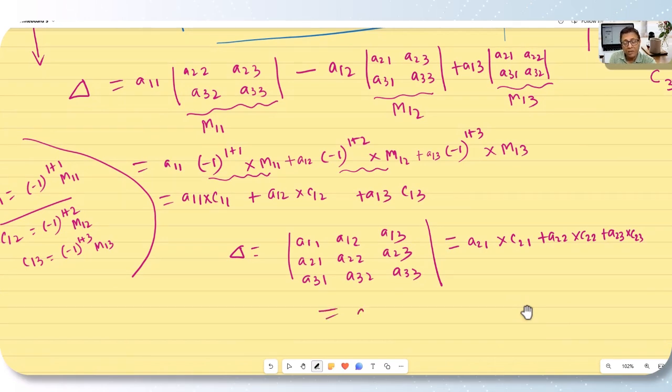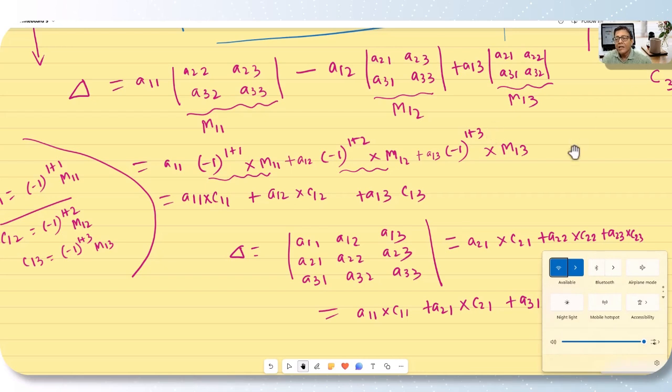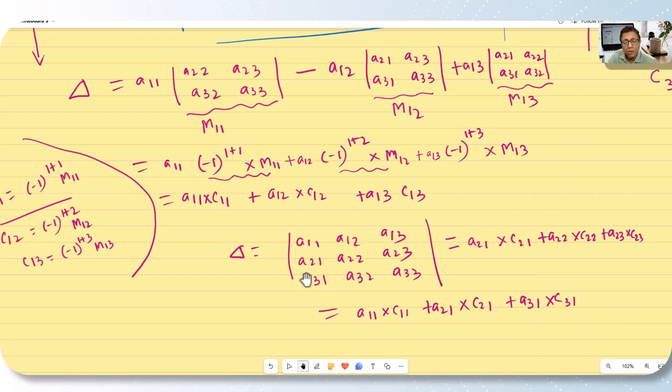Of course: A11 C11, A21 C21, A31 C31. It doesn't matter. You take a particular row, multiply those elements by the corresponding cofactors and then find the sum, and you will get the value of the determinant.